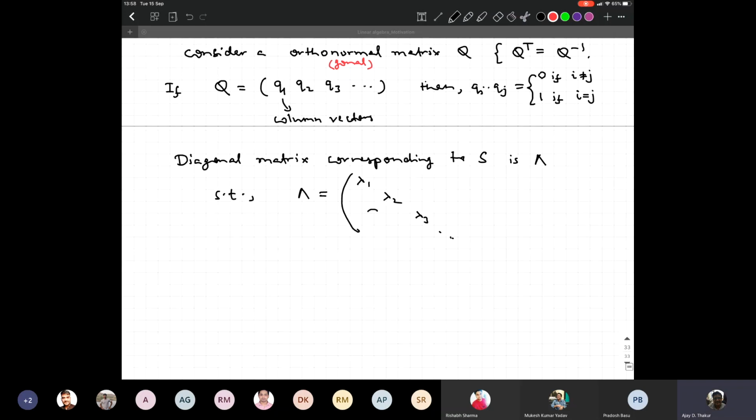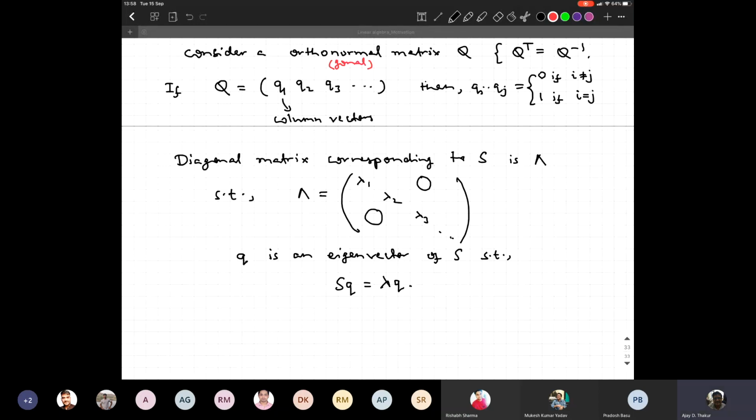I'm writing big zeros just to save some writing. That means all the other elements are 0. What it means is Q is an eigenvector, such that SQ equals lambda Q.